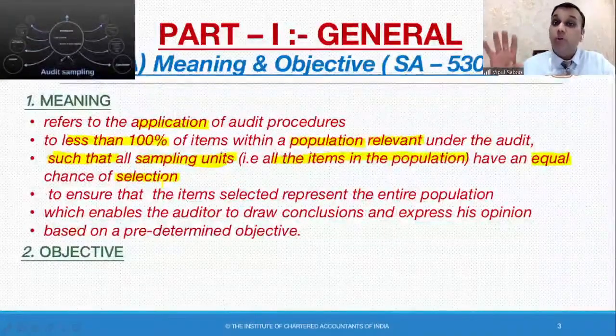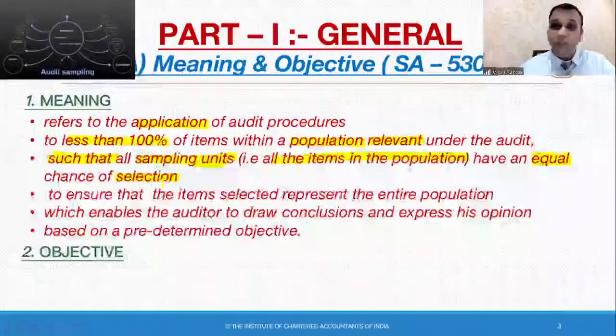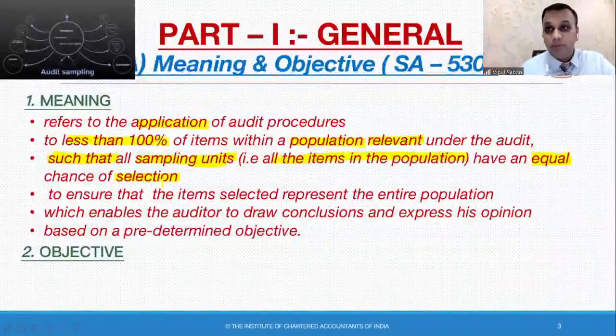There is no bias. Any sampling unit can be picked to apply the audit procedures.